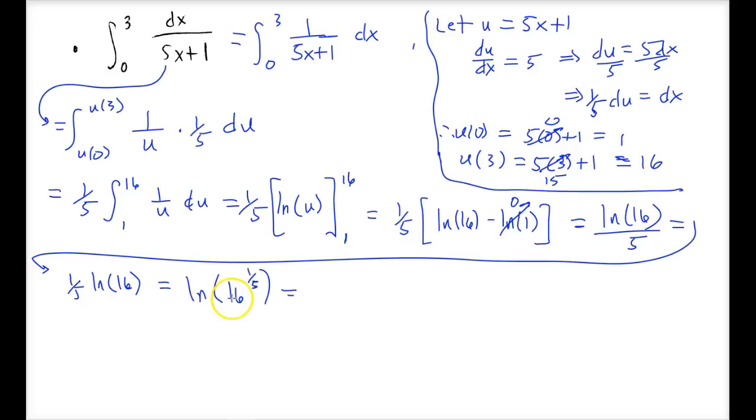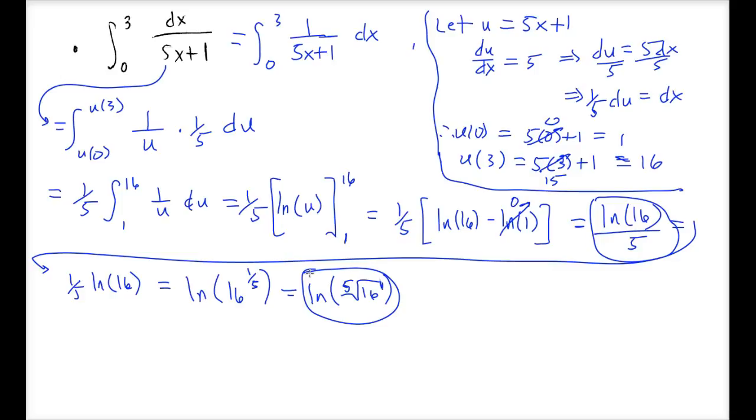And of course, something raised to a fractional exponent is just another way of describing a root. So this would be the 5th root of 16 inside the logarithm. So you could either express your answer this way, which is totally acceptable, or you can express it this way if you really need to have just natural log of some answer.